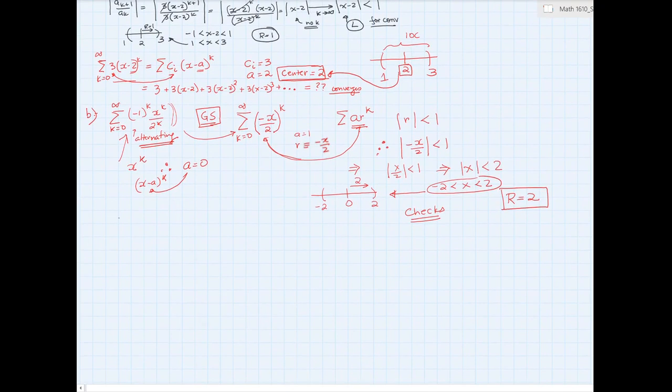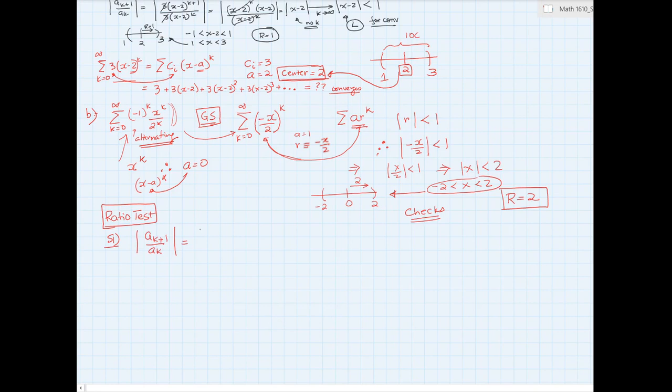Okay, now let's do the same question using the ratio test. So in the ratio test, the first step is to take the absolute value of a k plus 1 over a k.